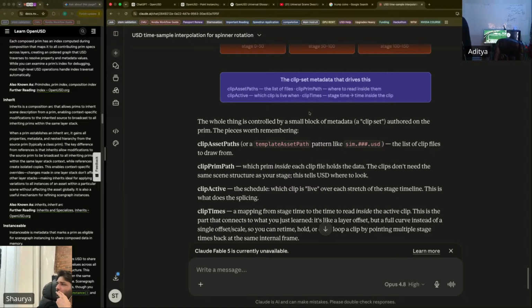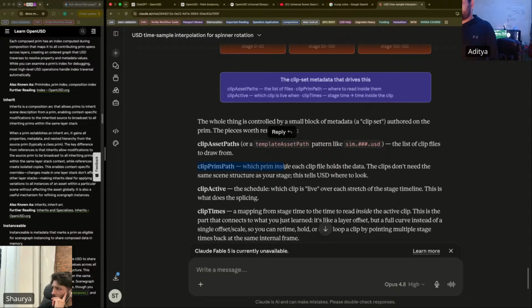The whole thing is controlled by a small block of metadata, a clip set, authored on the prim. The pieces worth remembering: clip asset paths, or a template asset path pattern like sim, the list of clip files to draw from.